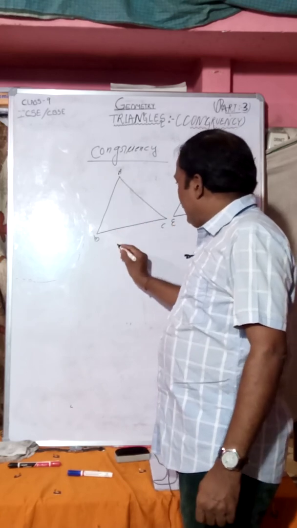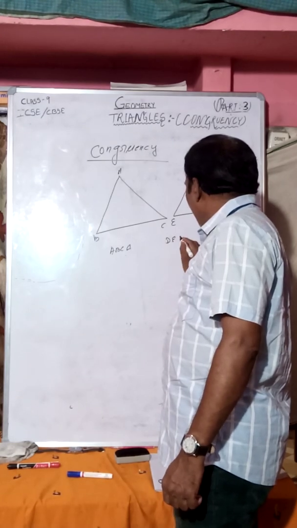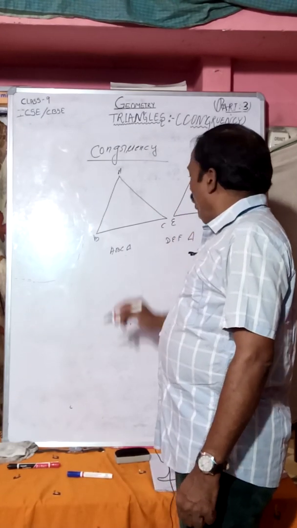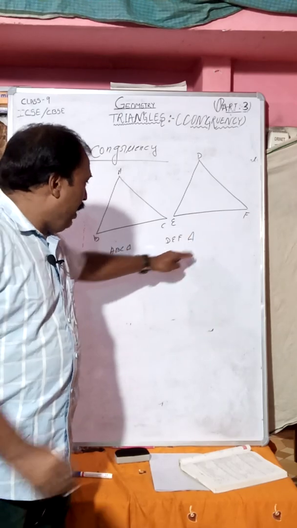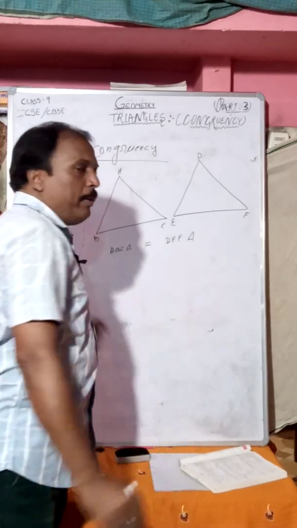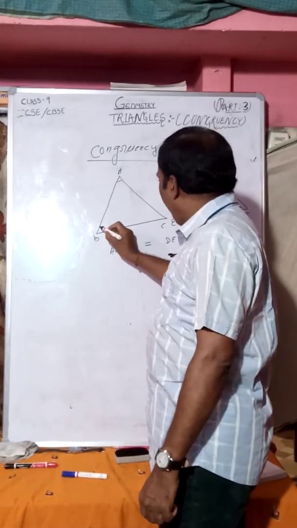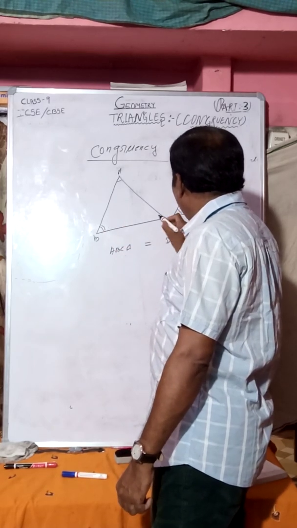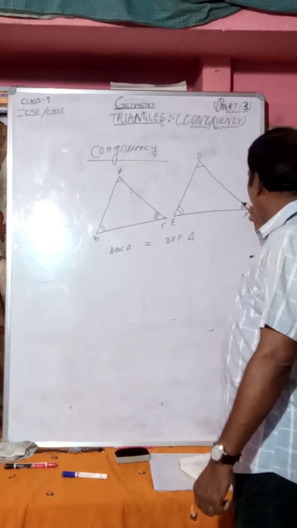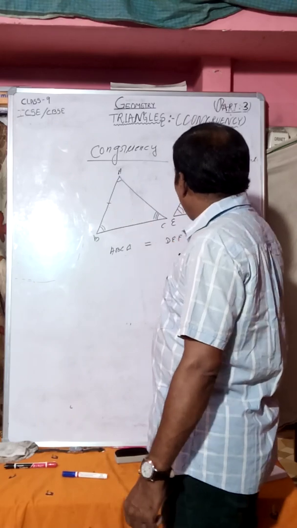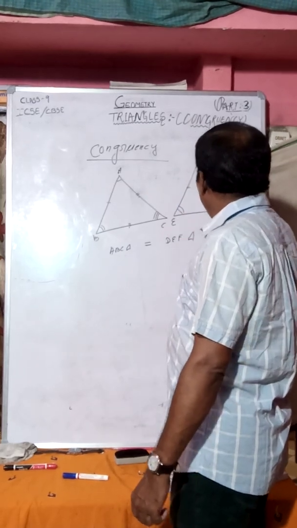If ABC is a triangle and DEF is another triangle, they are equal when angle A equals angle D, angle B equals angle E, angle C equals angle F, and AB equals DE, BC equals EF, and AC equals DF.